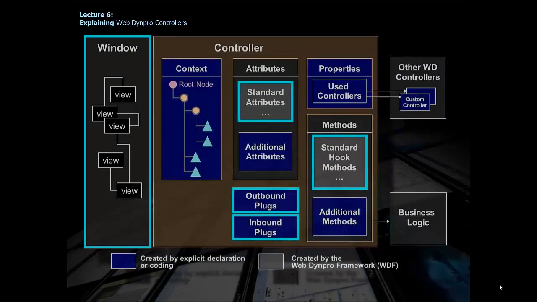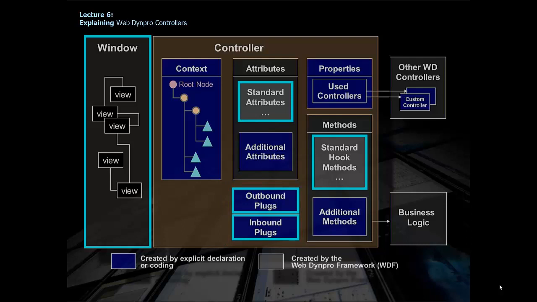Each Web Dynpro window contains outbound plugs and inbound plugs, just like views. You can use the plugs to set up cross-component navigation. To expose the plugs to the component interface, select the interface property for each plug. These plugs are then part of the related interface view.